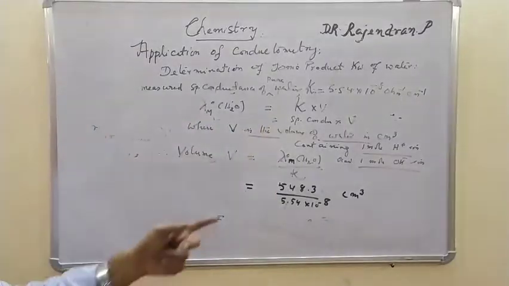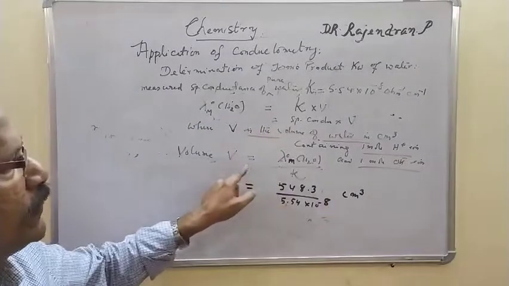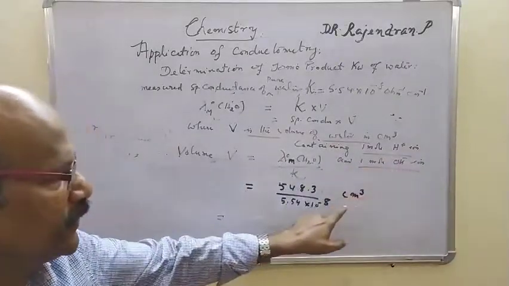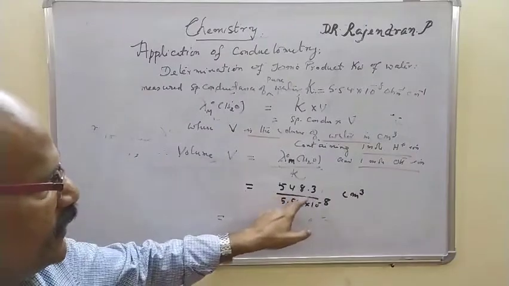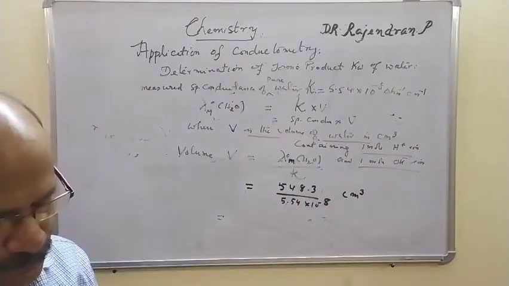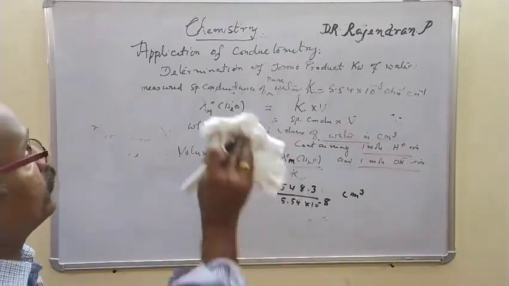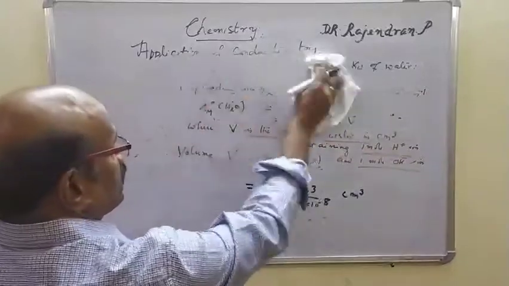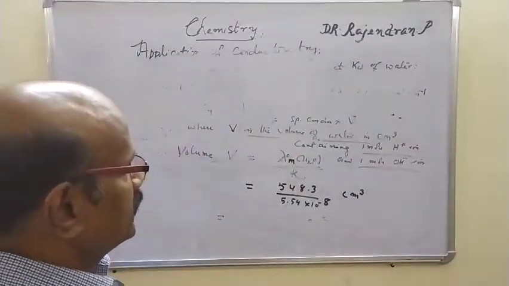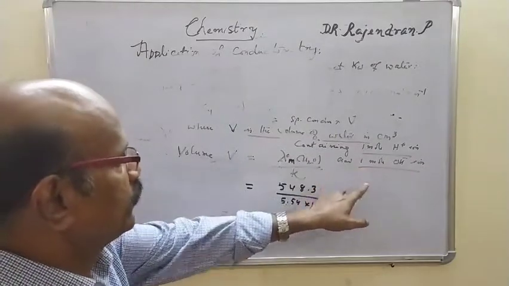So the volume of the water containing 1 mole of H plus ion and 1 mole of OH minus ion is 548.3 divided by 5.54 into 10 to the power of minus 8 centimeter cube. So alternatively, this is the volume of water containing 1 mole of H plus ion and 1 mole of OH minus ion.